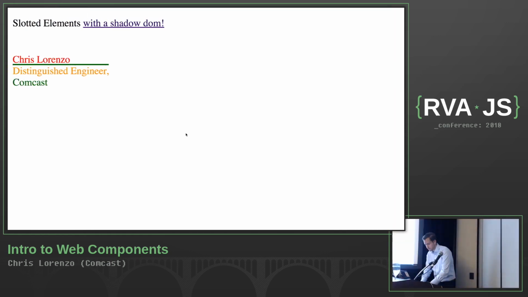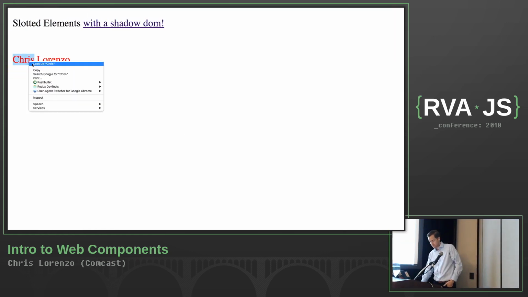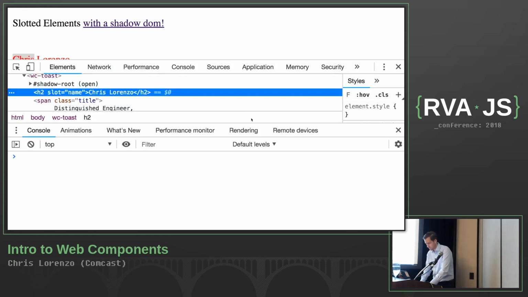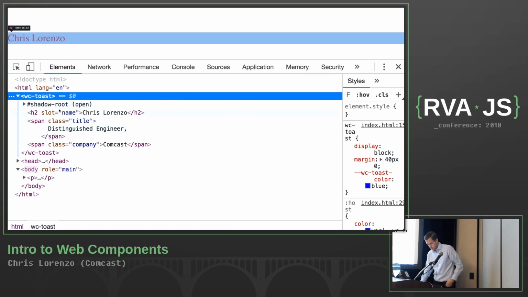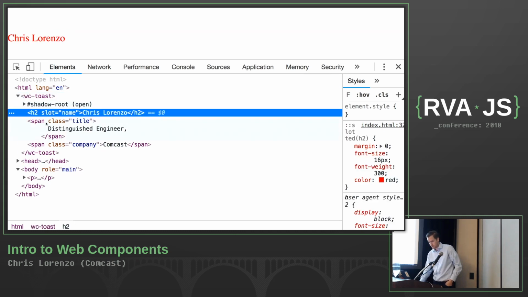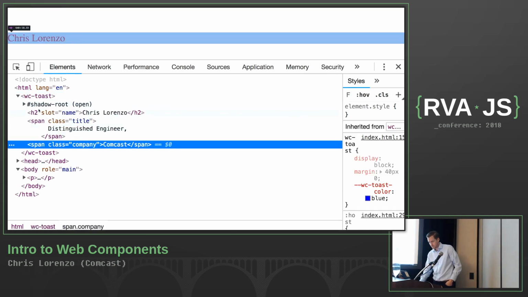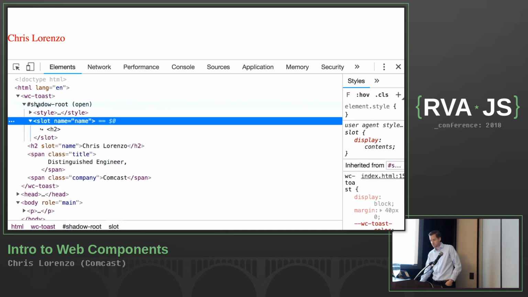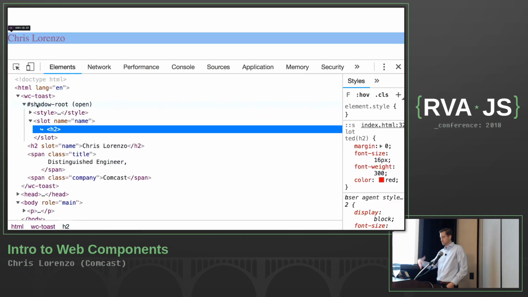So now if I reload this, it's only going to grab my name tag here. And the cool part is if you look inside of what the DOM is doing, you'll see that the shadow root shows all of these tags, but if you actually open up the shadow root, it copies the h2 tag into the shadow DOM.